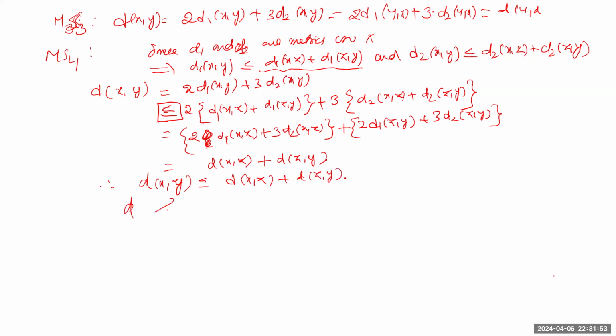So this satisfies all 4 metric axioms. Hence X comma d is a metric space.